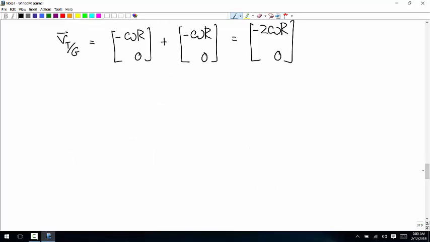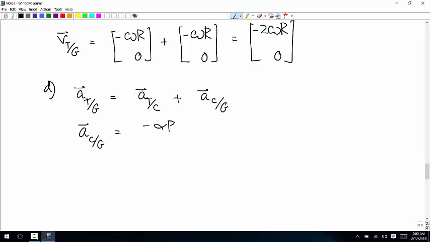Okay, and then the angular acceleration, the acceleration, part D. Acceleration of the top relative to the ground is equal to the acceleration of the top relative to the center plus the acceleration of the center relative to the ground. Acceleration of the center relative to the ground is negative alpha r.